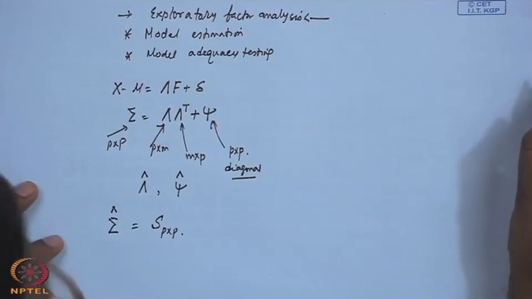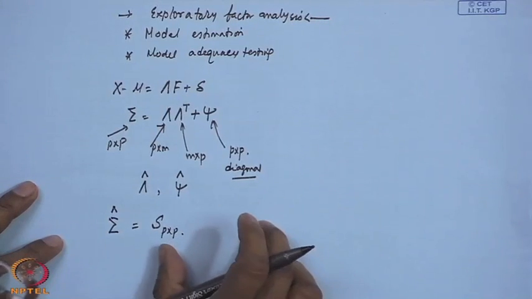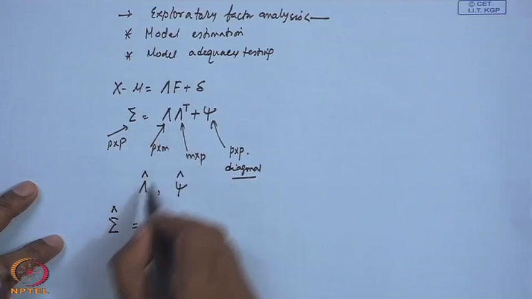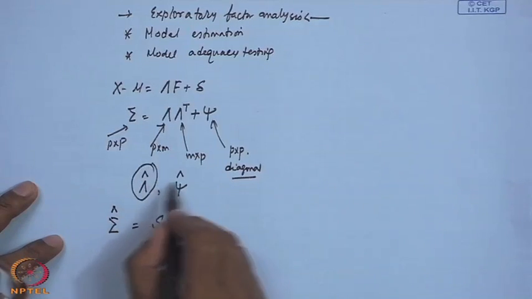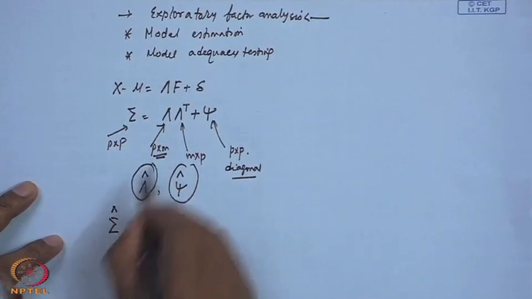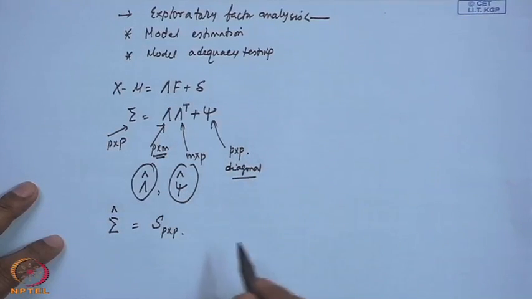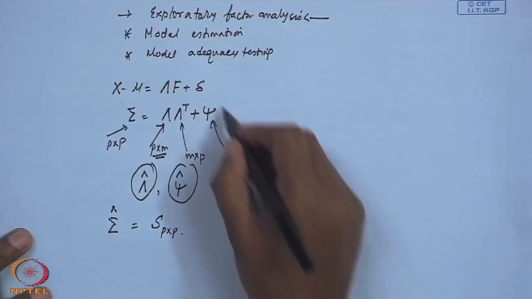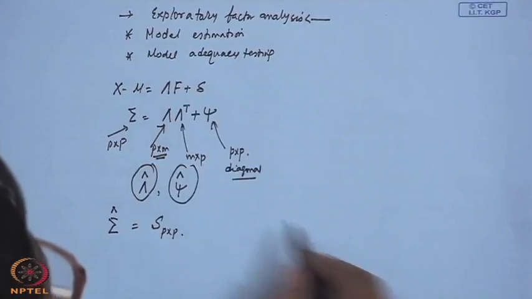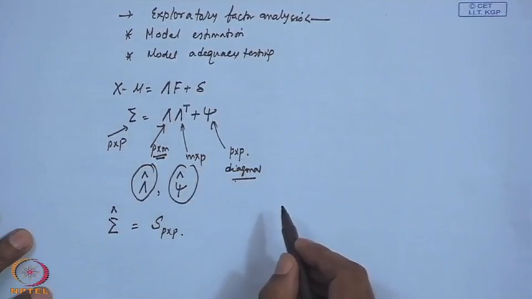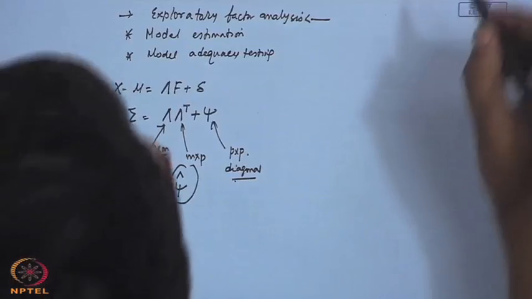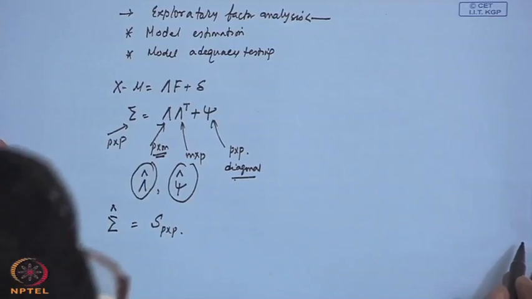So then, how do I go about estimating these two? One is P cross M, another one is P cross P, but where this error term or specific variance term is diagonal. Okay.